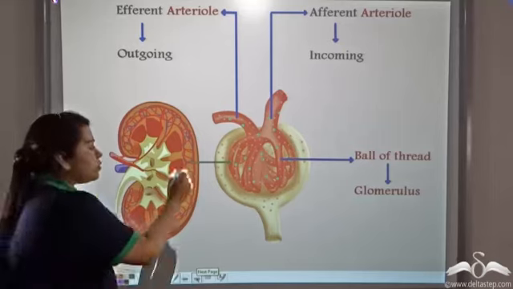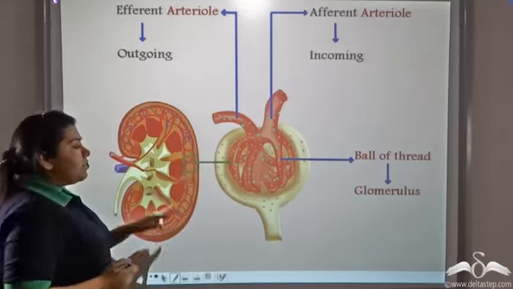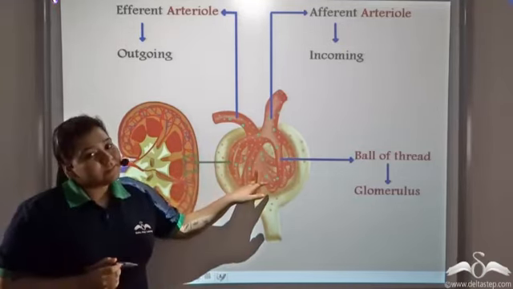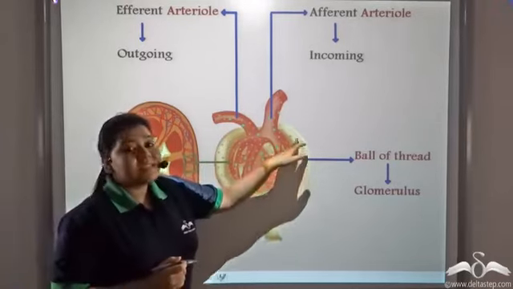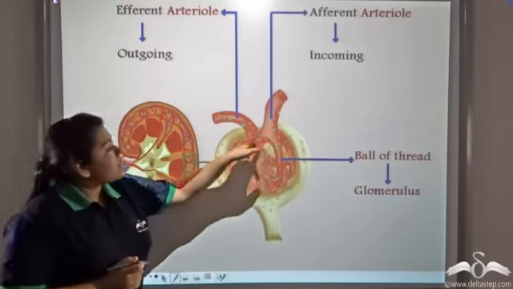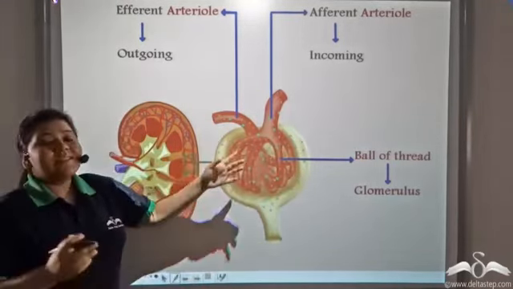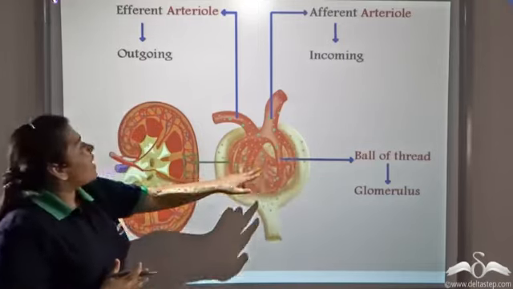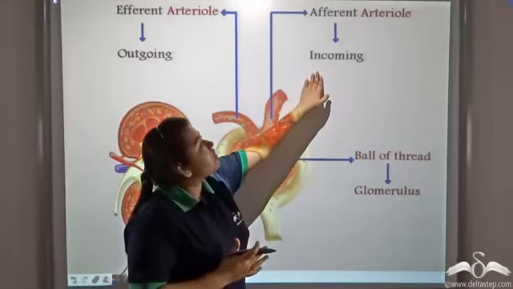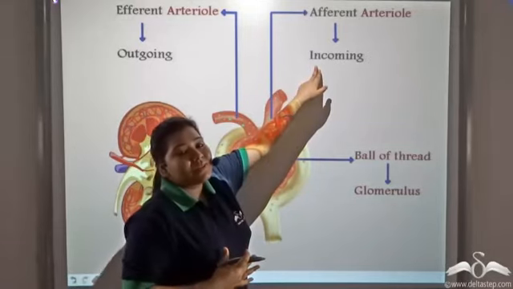Now, if we zoom into any of this highly vascularized area, we find a lot of structures like this. There is a blood vessel that enters into this cup-shaped structure present within the kidney, known as afferent arteriole, which means incoming arteriole.